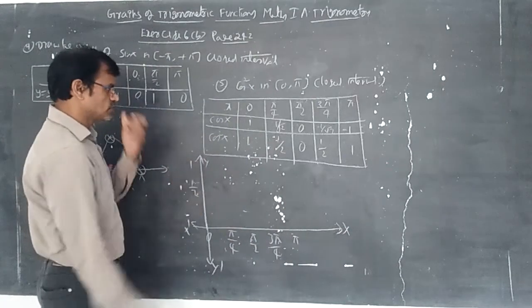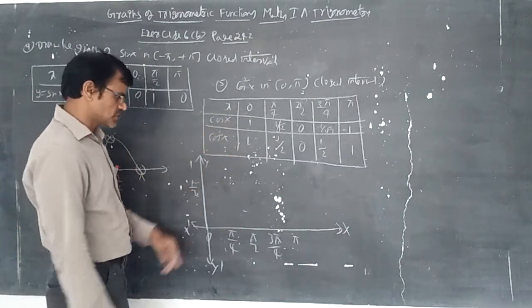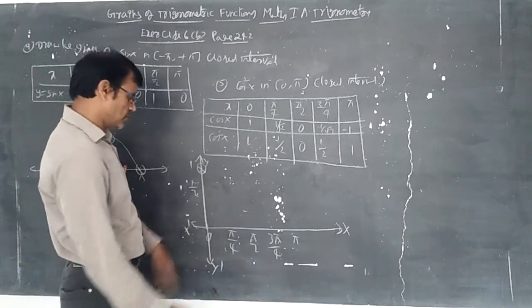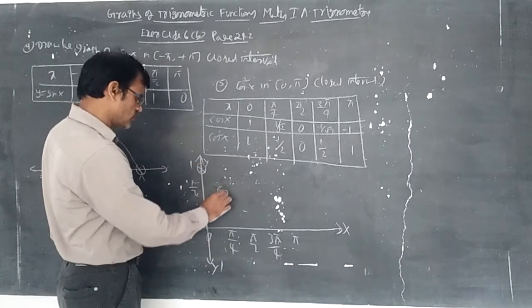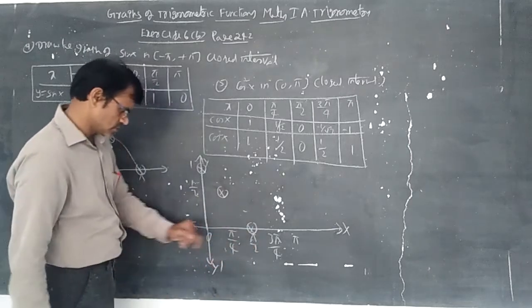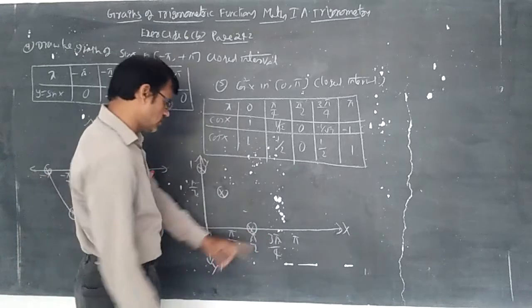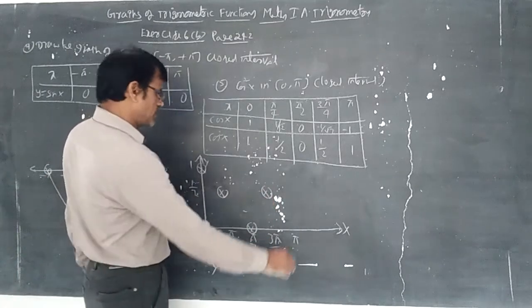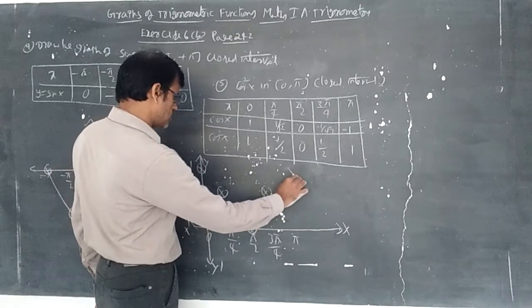For cos square 0 we get 1. Mark pi by 4: cos square pi by 4 we got as 1 by 2, and for pi by 2 we got 0. For 3 pi by 4 again we got 1 by 2, and for cos square pi we got 1.